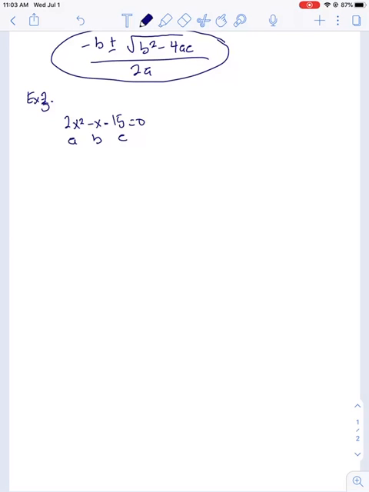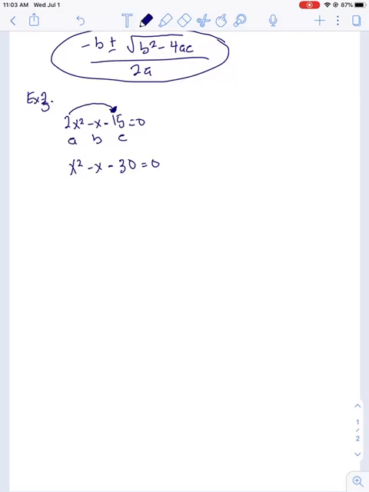Whenever you have a value bigger than 1 next to the x squared, the first term, what you can do is just rewrite this equation, but in doing so, you're going to multiply 2 times 15. So in this instance, you're going to get x squared minus x minus 30. So we basically rewrite the equation into a simpler form so we can solve for our two x's.